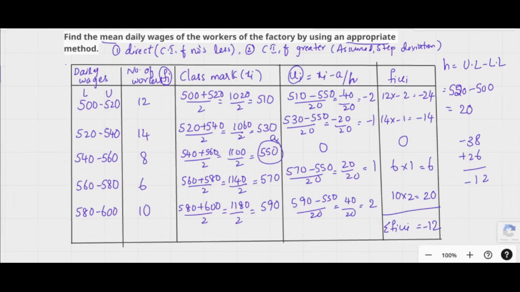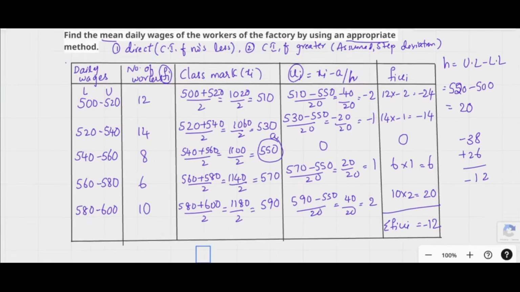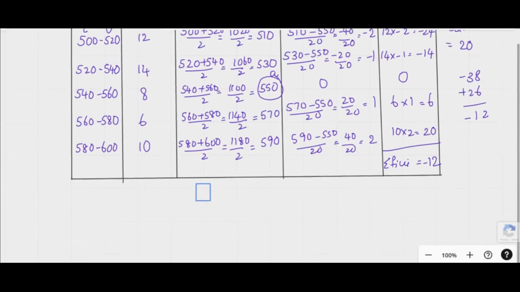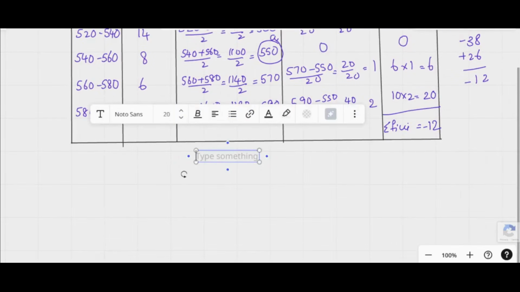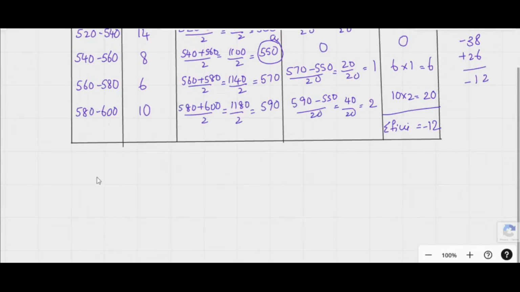Now let us write down our formula and solve for the mean. What is the formula? Mean, x bar, is equal to A plus sigma fi ui by sigma fi into h. This is the step deviation method, so you have to write the step deviation formula.